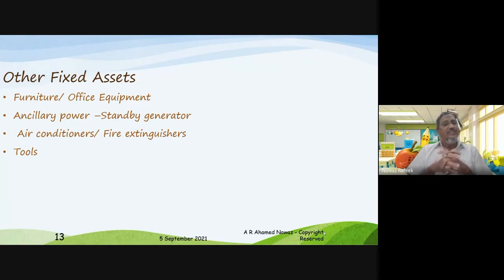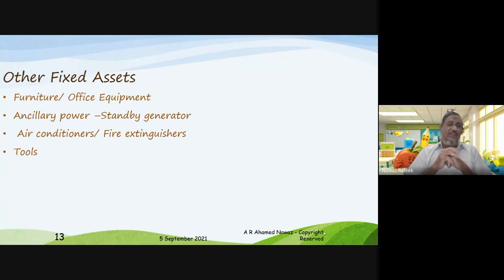Fire extinguishers, when you go to inspect, what are you going to do with them? See whether they are being serviced. Fire extinguishers have a service, and that should be labeled with the date of service. Don't go to test it, right? Once you test it, it's over. You can't reuse it; you have to refill it again.